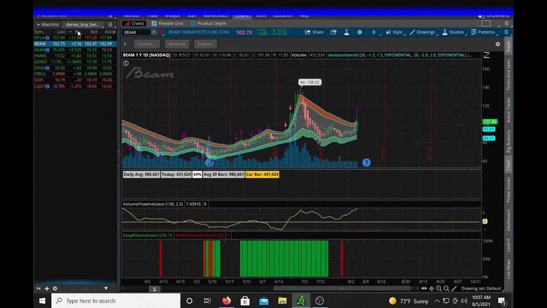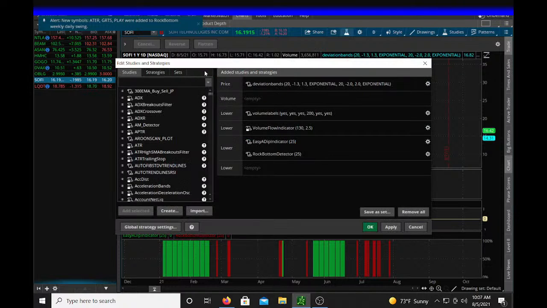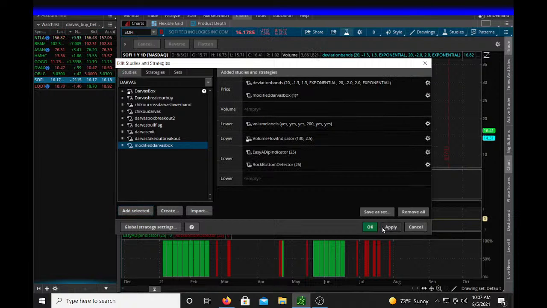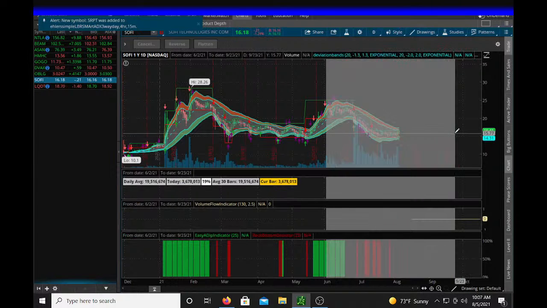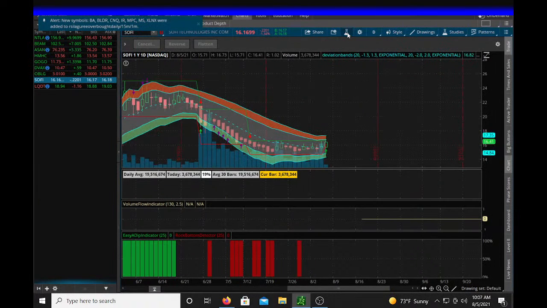All right, so these are ones with Darvas box signals, you know, SoFi. Okay. So let's pull up that modified Darvas box. And we can see we get that signal right there.